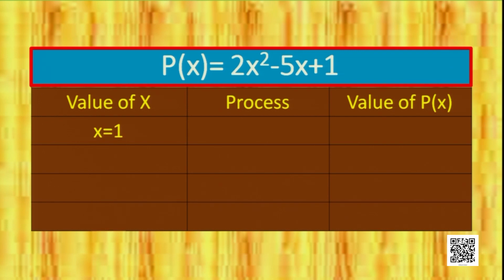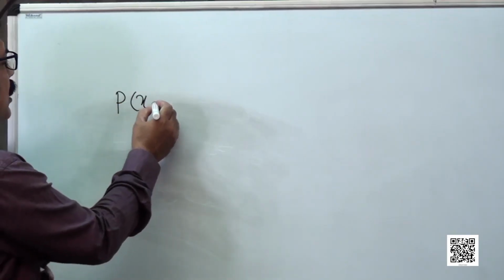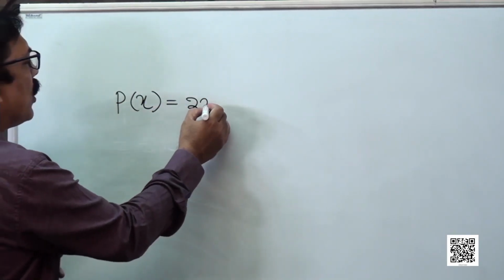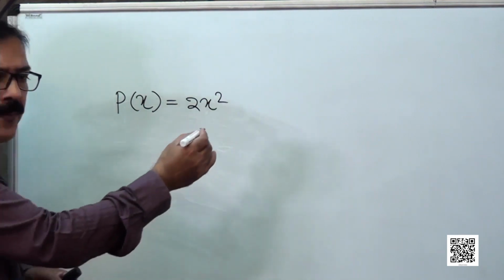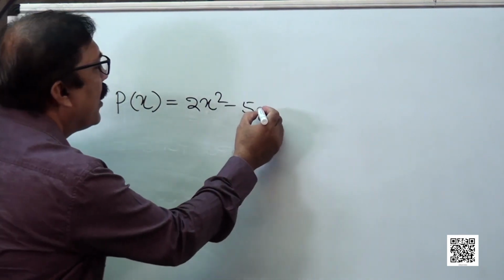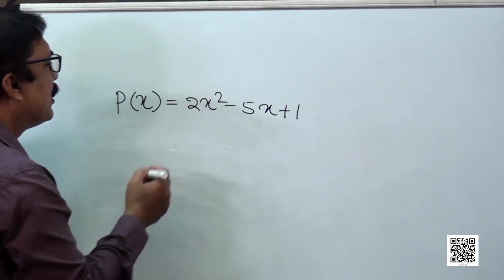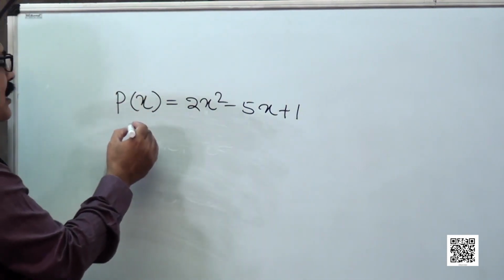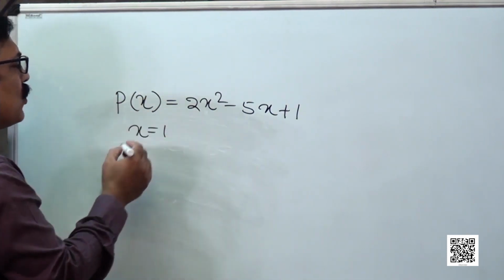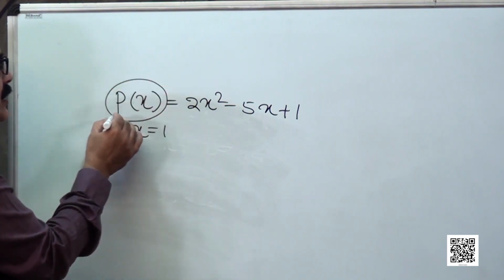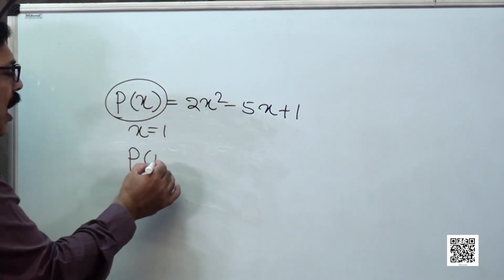Let's look at x = 1. If we put x = 1, we can write this as p(1).